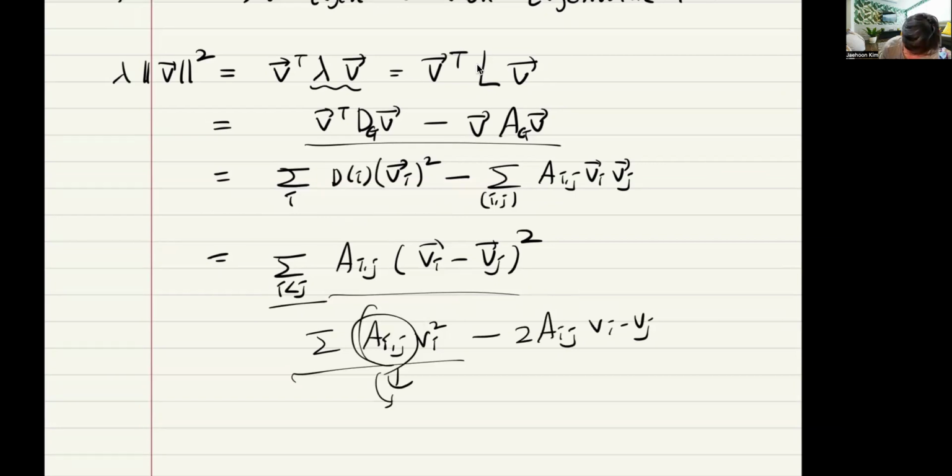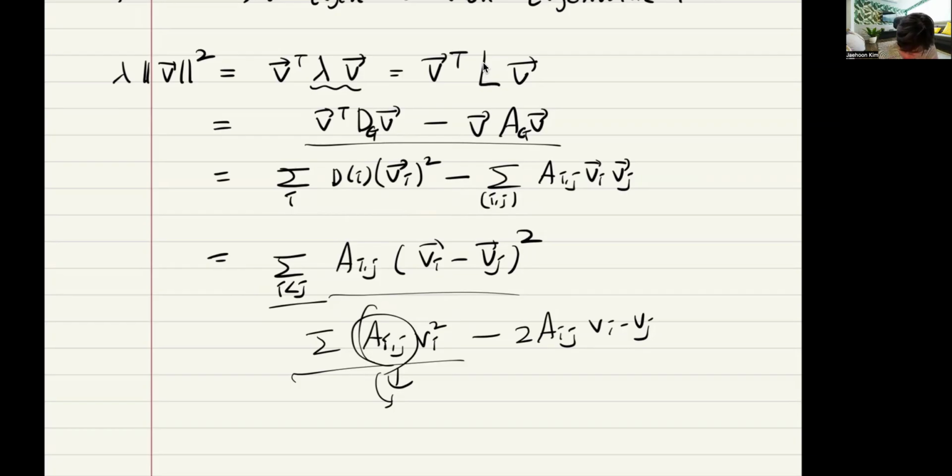So here this is for all i, j, and then let's set it in this manner. Then you have this term, and this term corresponds to this. Then this part actually corresponds to this part. You will see.